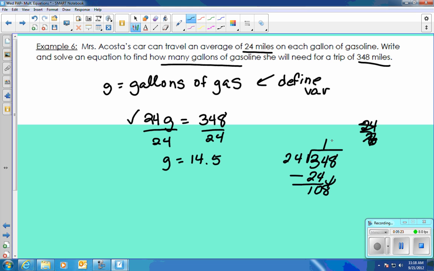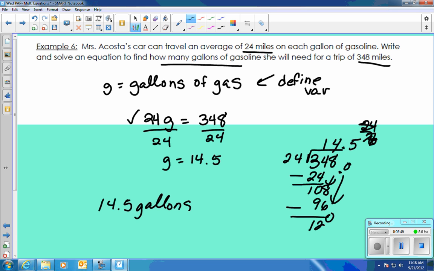It goes in 4 times. Add your 0, drop it down. 120. It goes in 5. So our answer on this is 14.5 gallons of gas.